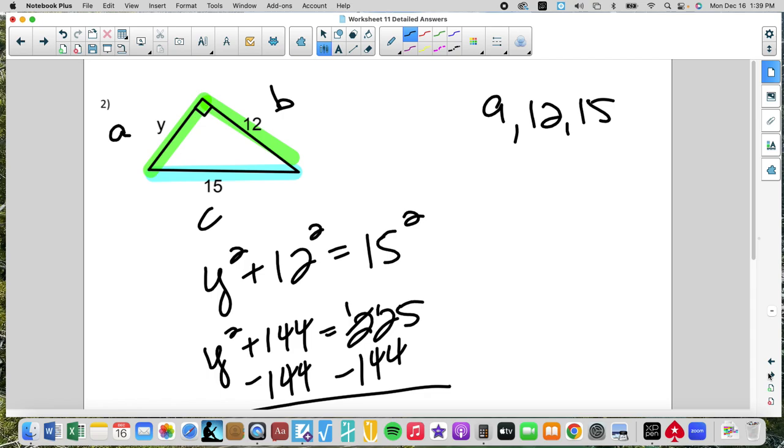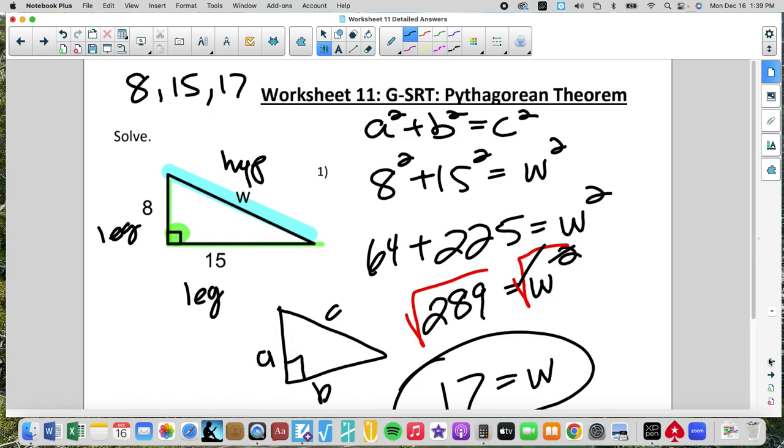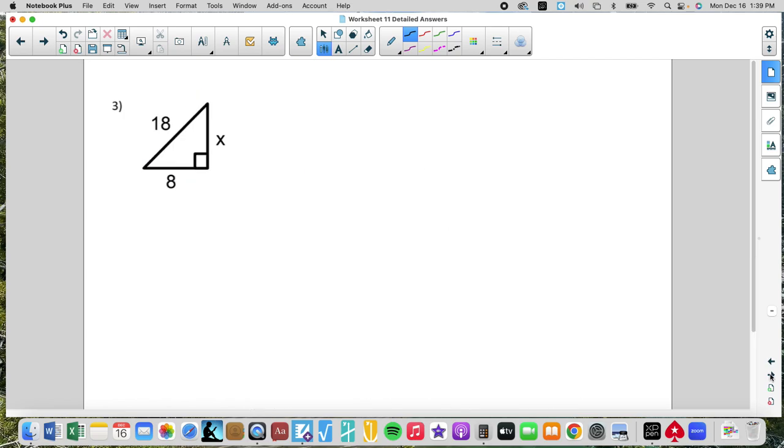But, we know whenever you have 3 lengths, your longest side, 15, is always going to be your hypotenuse. The shorter 2 lengths will always be the 2 legs if you're given them.